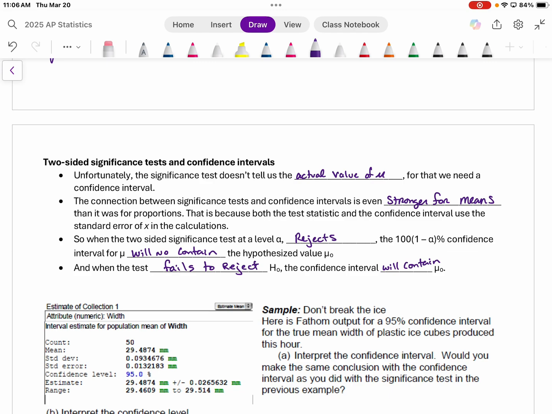So when a two-sided significance test at level alpha rejects, the confidence interval for mu will not contain the hypothesized value. Remember that. And when the test fails to reject, the confidence interval will contain the hypothesized value. That's a key thing as we look at sidebar questions where they'll say, we did this hypothesis test, here's our outcome, would the hypothesized value be in the confidence interval or not?